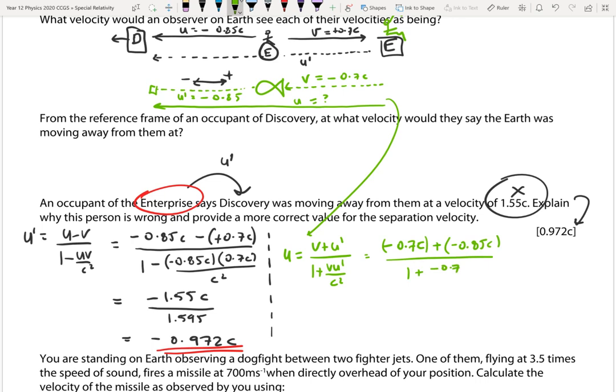And again, as I'm repeating myself here, it doesn't matter that they're all left, because then we get a double negative, so our denominator comes back to a positive. We get negative 1.55c over 1.595, which is 972. Okay?